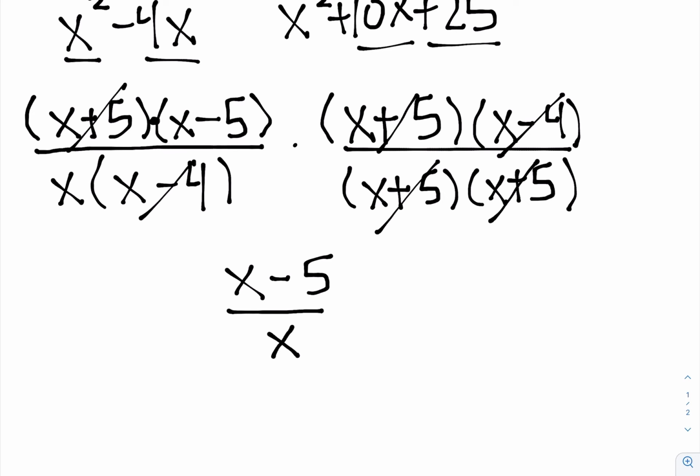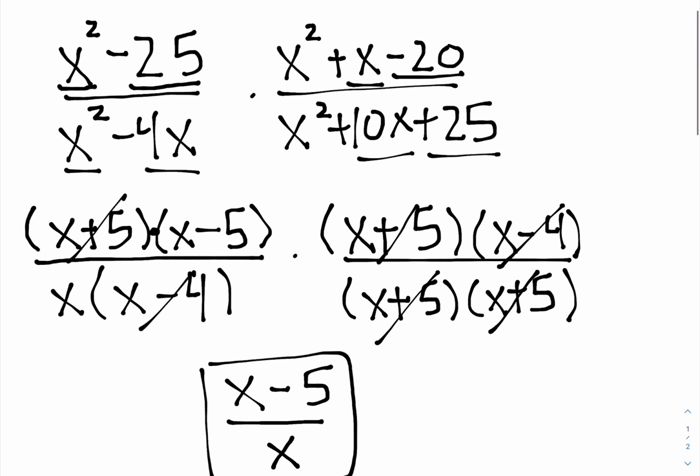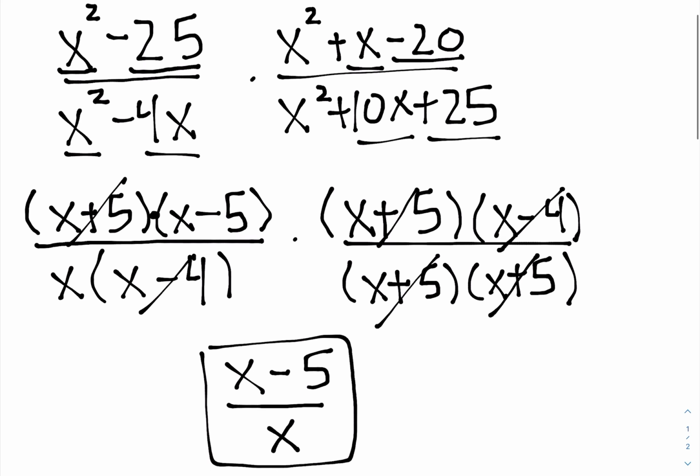I just want to be clear, this isn't the exact same thing as what we started with, because there's something called non-permissible values, where basically there are values for x that we put in that could make the bottom 0, and in math, the denominator can never be 0. So the NPVs, or non-permissible values, for what we started with will be different than what we ended with.